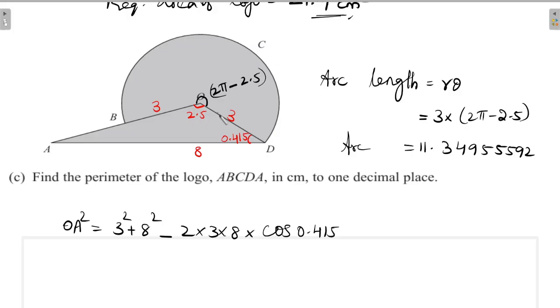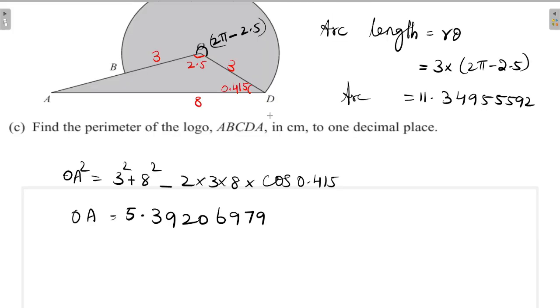Always make sure the angle given is between the two adjacent sides; then we can find the third side. So after taking the square root, OA is equal to 5.39206979.